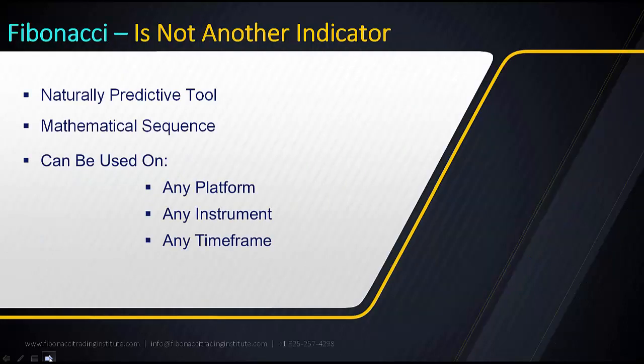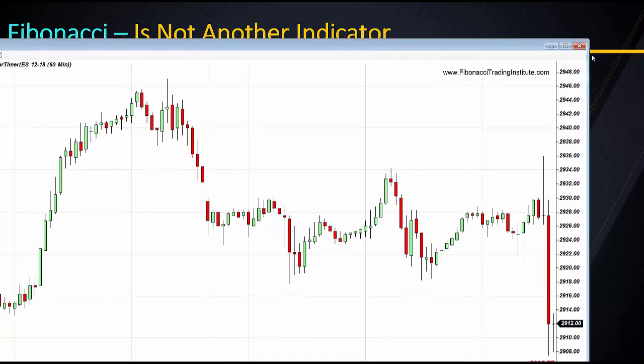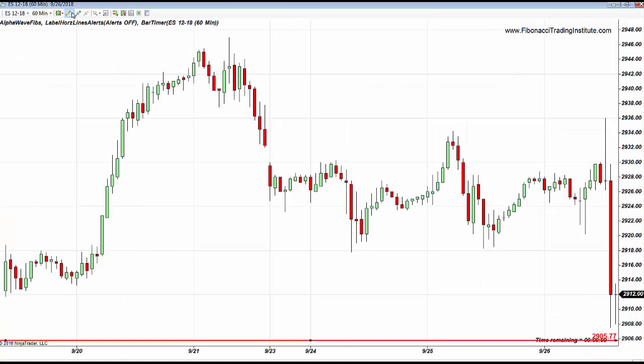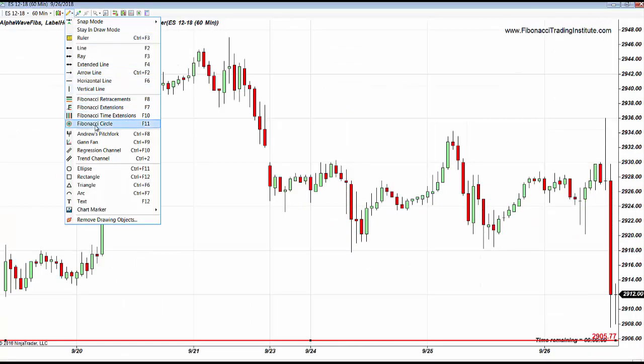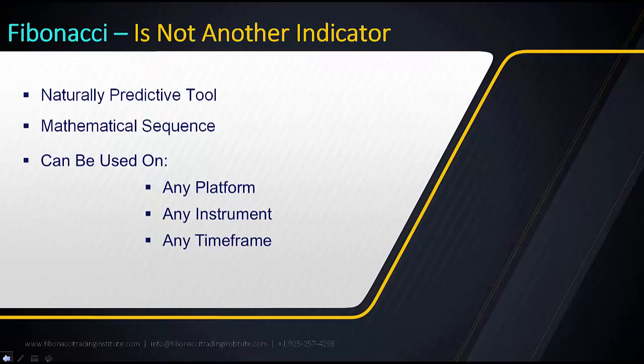Fibonacci is not another indicator. It is natural predictive tool and mathematical sequence that can be used on any platform. Fibonacci on the platform found under tools, never under indicators. Very big difference. Never confuse the two.